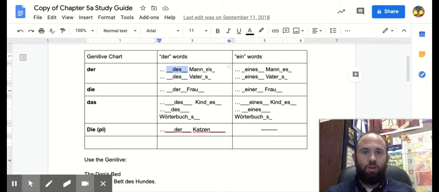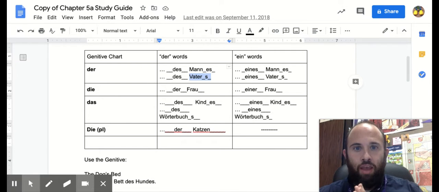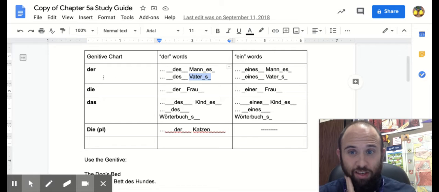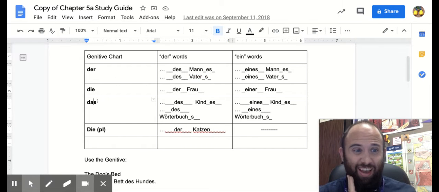Now I want you to type in es after Mann and s after Vater. Why? Well, Mann has how many syllables? One. One syllable words that are masculine and neutral get extra letters on the end of the noun. Des Mannes.